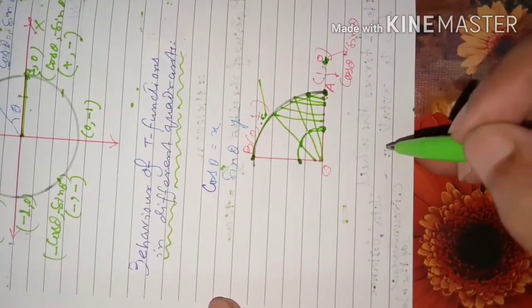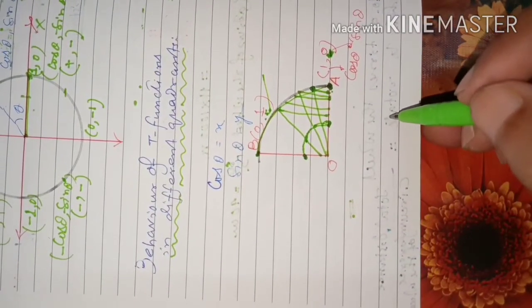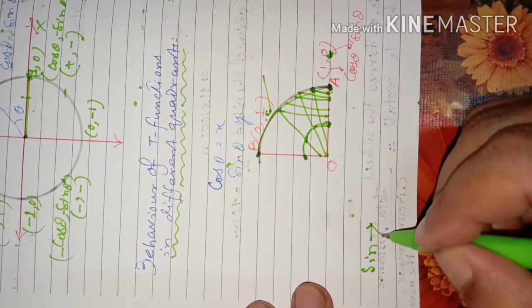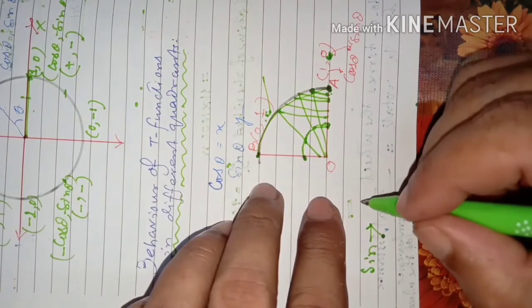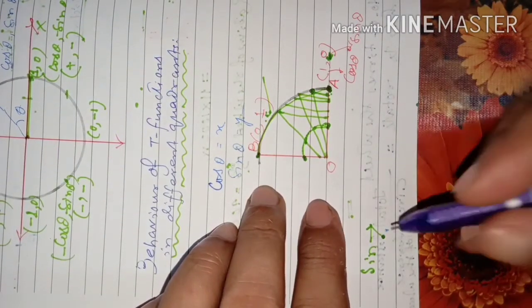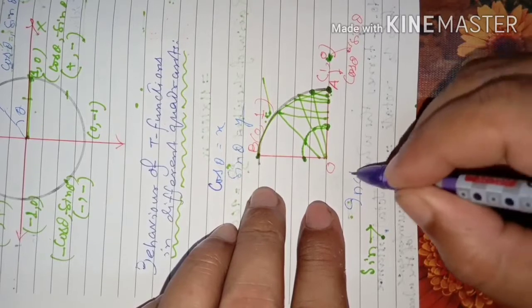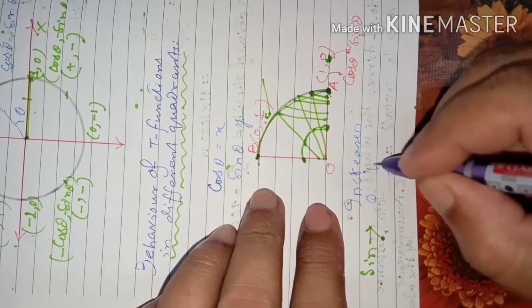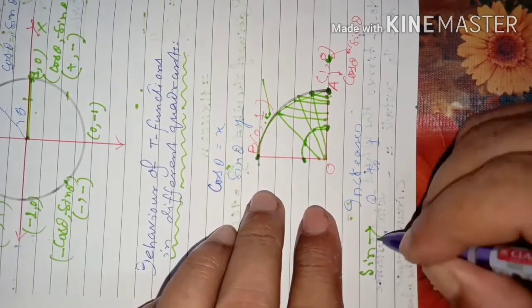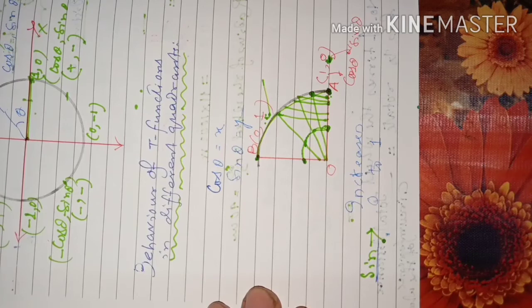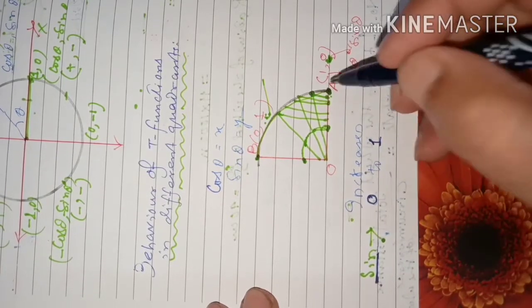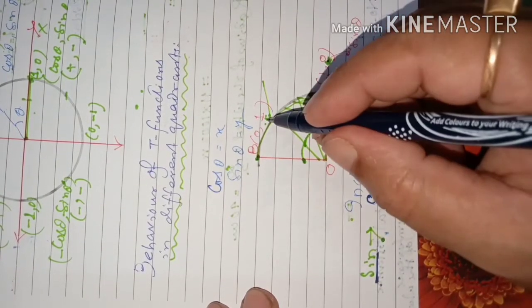So what you can say here is that in the first quadrant sin value increases from 0 to 1. Just see, it was 0 here, and now it is 1.